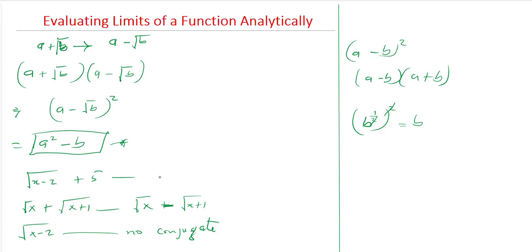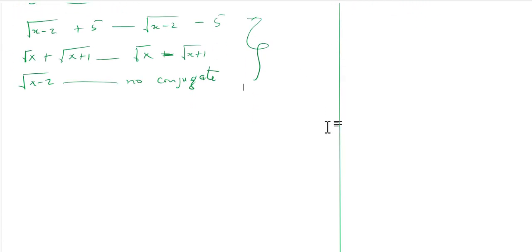And the conjugate here will give us root x minus 2 minus 5. So if we understand the concept of conjugate, let's dive into evaluating the limits of radical functions.